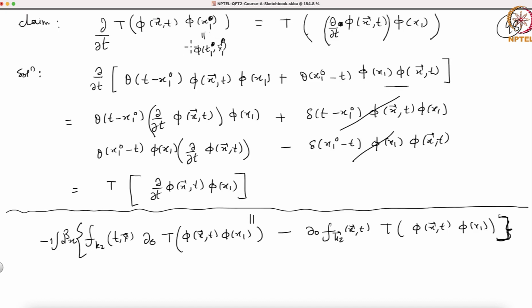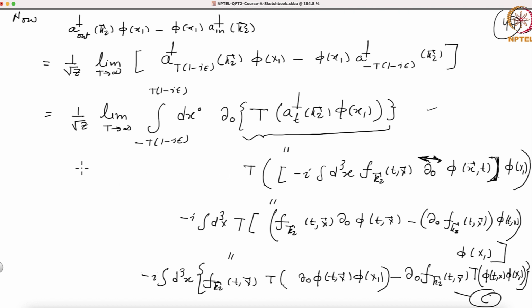So let's see, this is up to here. That's what I have written on that new sheet, and then I should take a time derivative of this object. So let's do that.